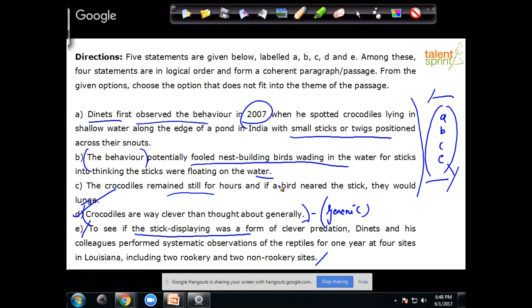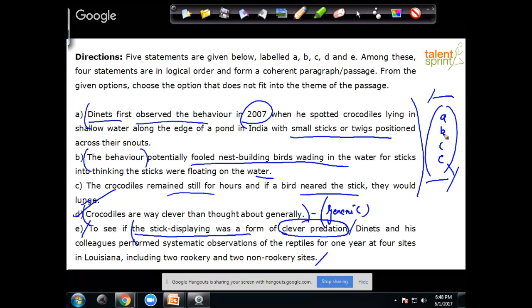It remained still. If the bird neared the stick, it tried to pounce and catch it. So because he made this observation first, he wanted to see, is this a gimmick? Is this a ploy? Is this a clever predation tactic that the crocodiles are using? So in order to complete his research, he continued doing this observation for 1 year. Are you following?